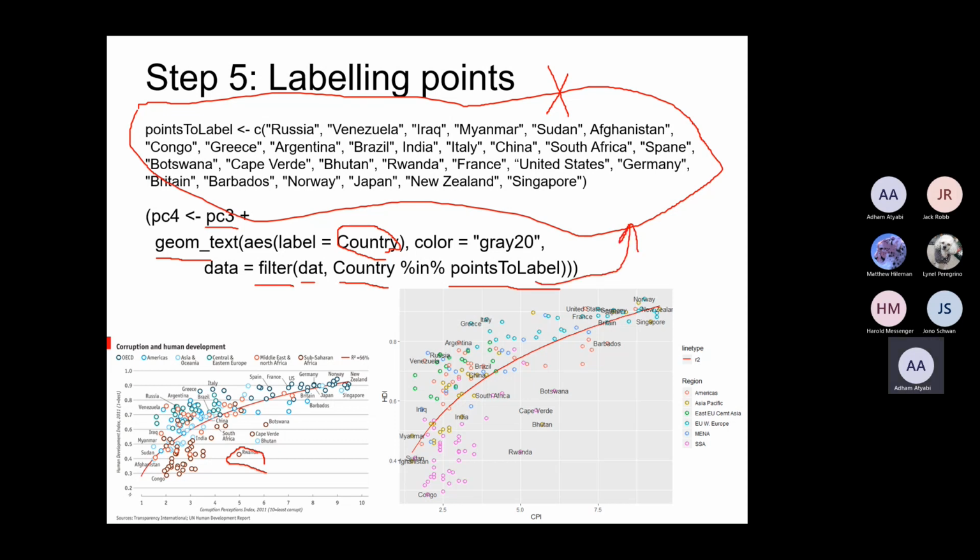So for all those points that we need a label, it's going to put the label on their X and Y locations. For everything else, it's just going to ignore them, because those labels are not present in this points to label vector that we created for ourselves. So when we do this, it's going to create this graphical display that we see.